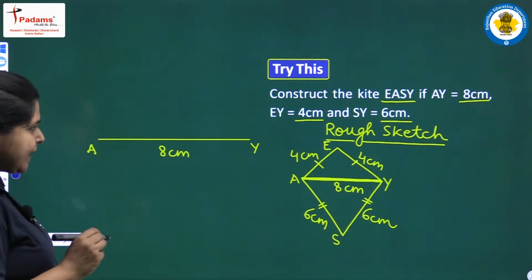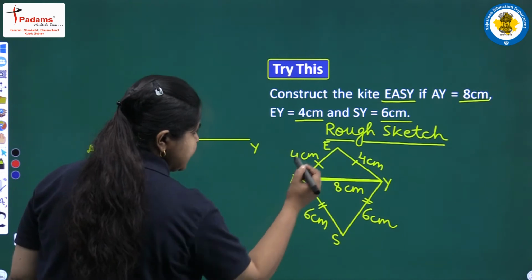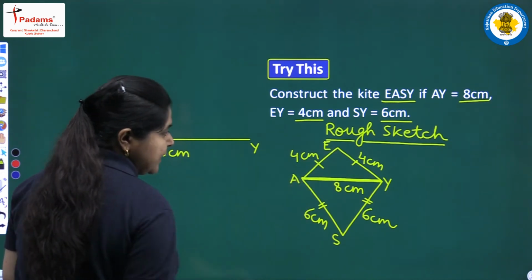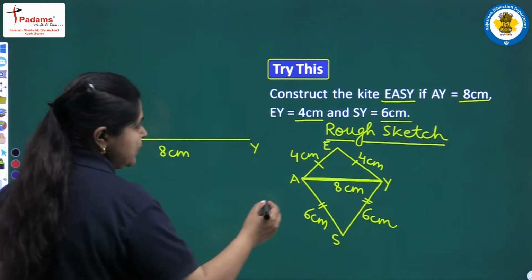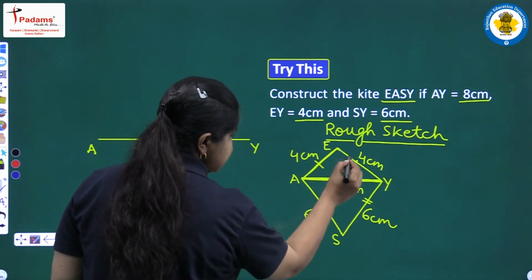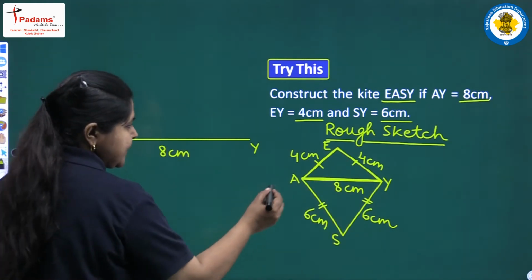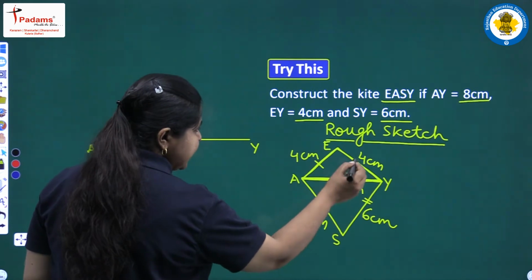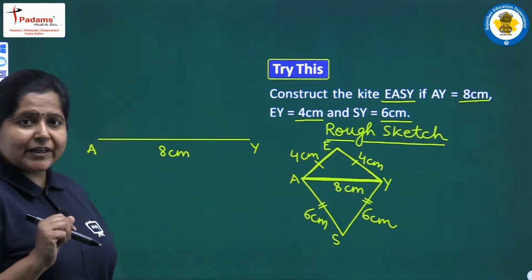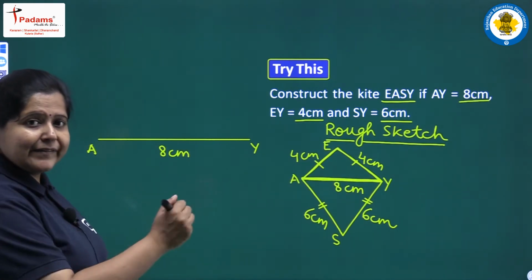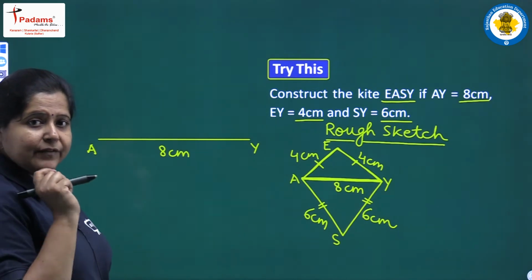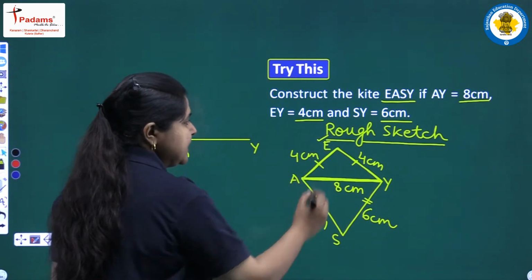Okay, then what next? We need to locate this point E. And how can we get this point? We know this distance is 4 and this is also 4. So taking the centers at A and Y, we can draw 2 arcs, each measuring 4 centimeter, and then we will get the point of intersection, which will be named as point E.